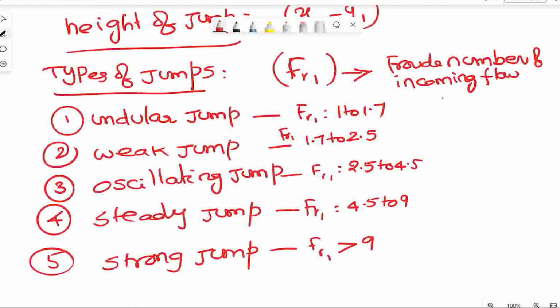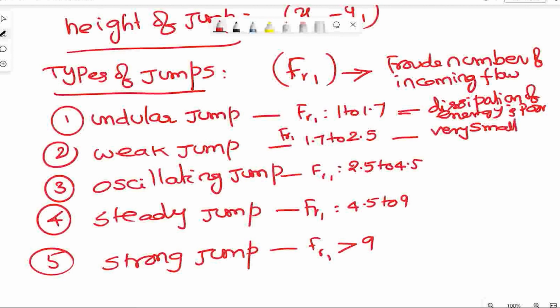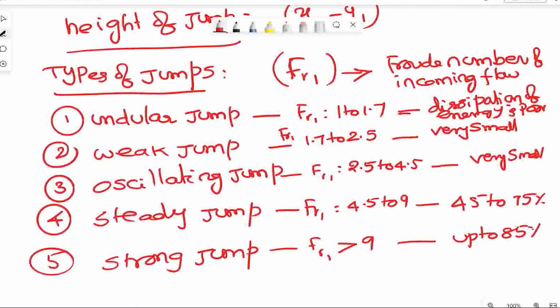Here, the dissipation of energy is poor in the first one. And the second is also very small, and in oscillating also very small. Only in steady jump you can see 45 to 75% energy is dissipated, and in strong jump up to 85% energy is dissipated.